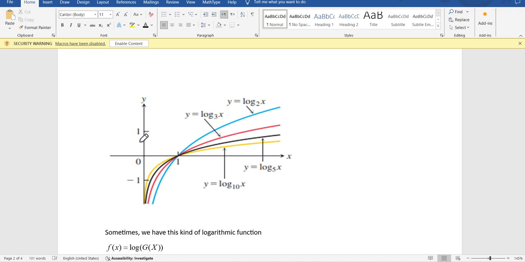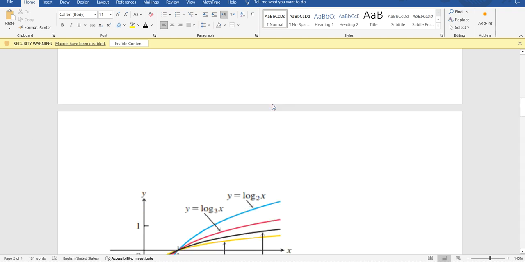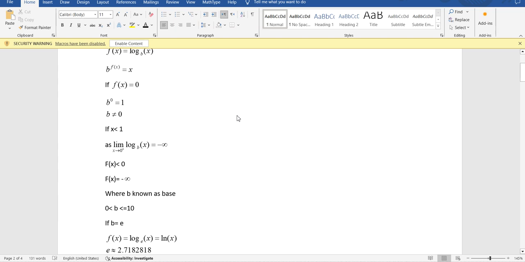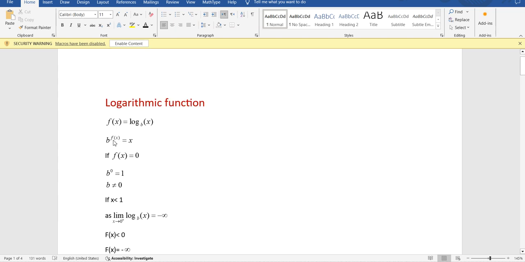I will discuss the cause for this graph. A small variation in y will cause a high variation in x, according to this equation, b power f of x.